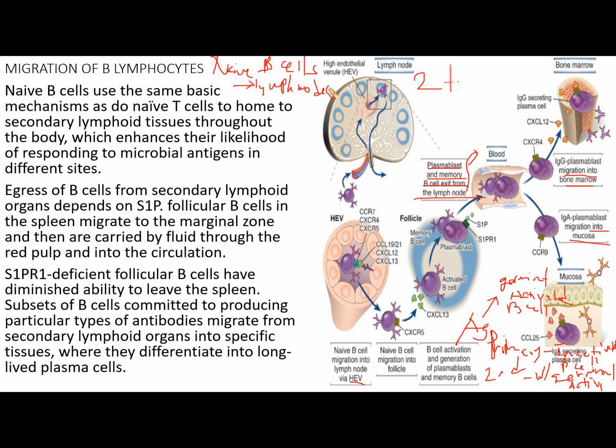And there are two types of plasmablasts. May dalawang klaseng plasmablasts. We have yung tinatawag na IgG plasmablasts and yung IgA plasmablasts.